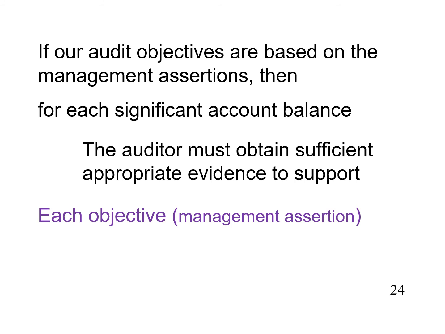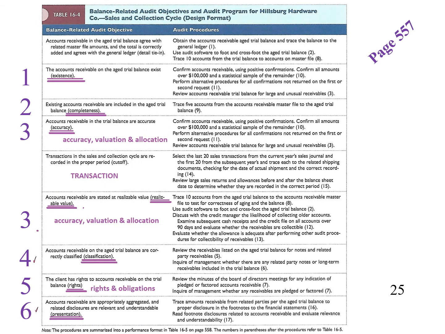We'd have 42 different audit objectives, and we need evidence to satisfy all 42 objectives. Way back on page 557, there's a table in the book that shows the audit objectives for accounts receivable, which is what we're going to deal with.